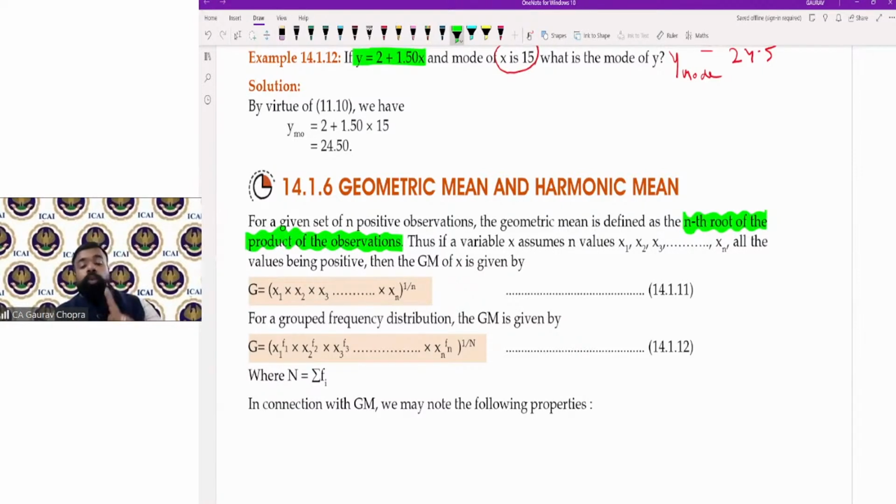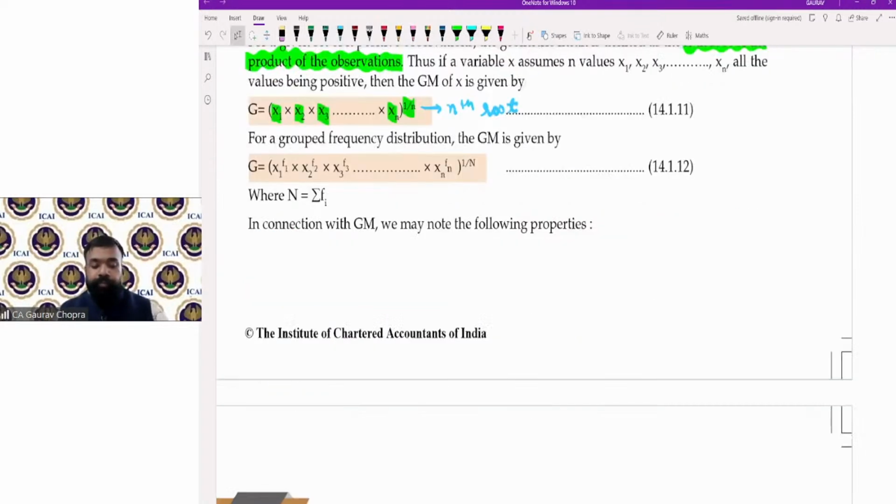If the observations are x1, x2, x3, and so on up to xn, you have to multiply all of these first, and then use the power 1 by n. What does power 1 by n mean? It is the nth root. So multiply all the values and then perform the nth root. You will get the geometric mean.